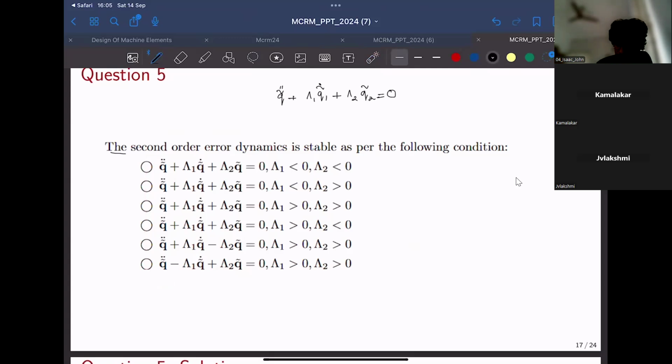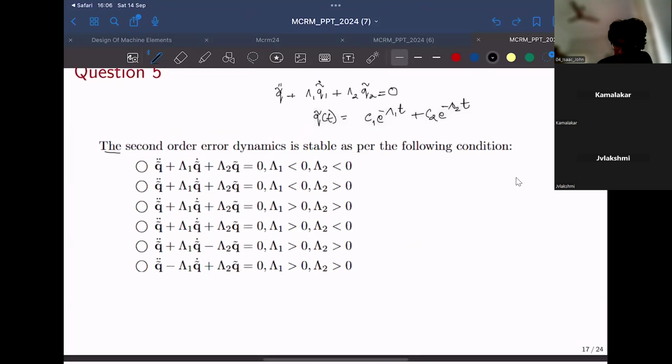And the homogeneous solution would be q1 of t would be c1 e raised to minus lambda 1 t plus c2 e raised to minus lambda 2 t. And this solution is only possible when lambda 1 and lambda 2 are greater than 0.